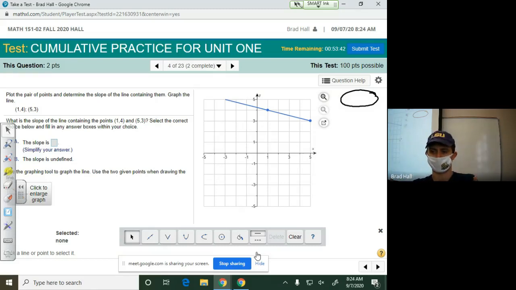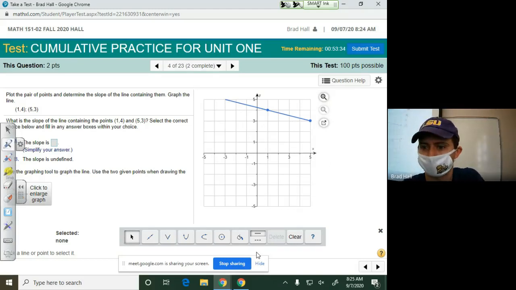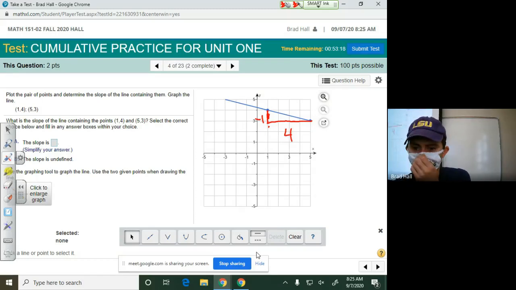And since we have the graph, we can figure out the slope fairly quickly. Since we have a graph, we can just use rise over run, where the rise is simply 1 unit, negative 1. And the run, we just count: 1, 2, 3, 4, so positive 4.